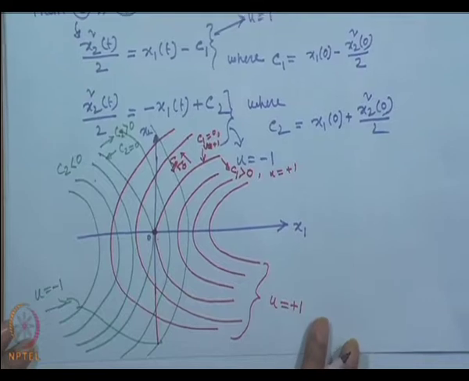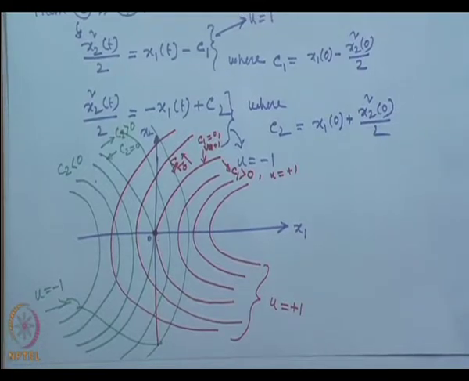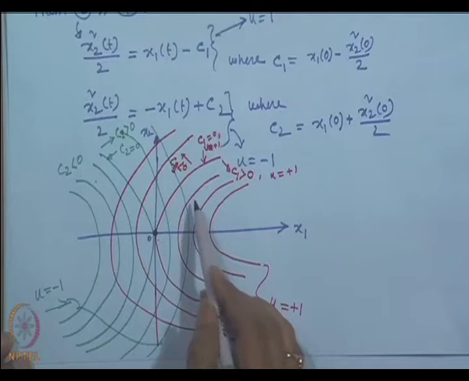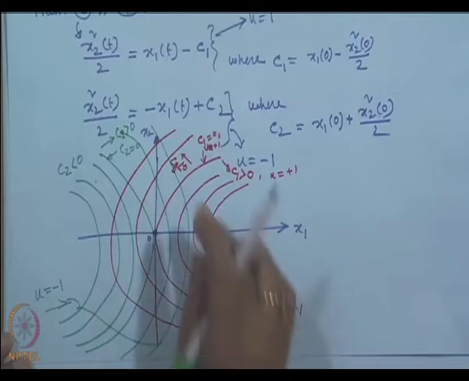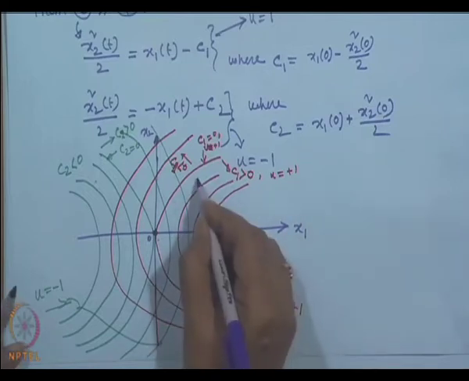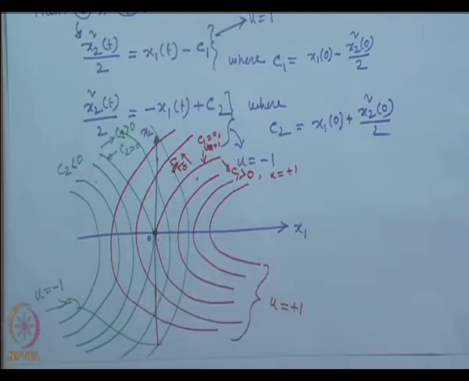Okay. Now, see our initial condition. Now, the question is coming, look at this expression. Our initial condition can be anywhere in the four quadrants. Let us call our initial condition is here, X0.